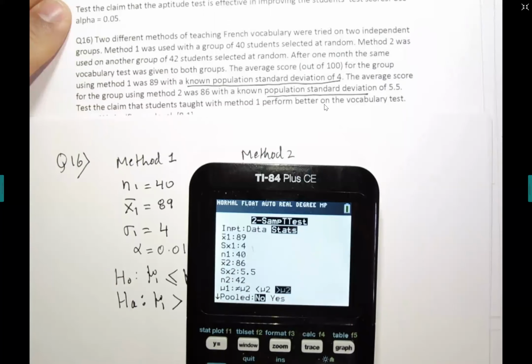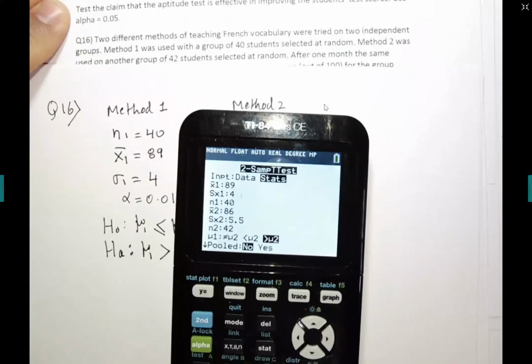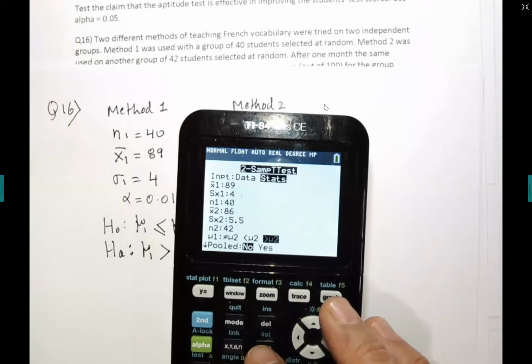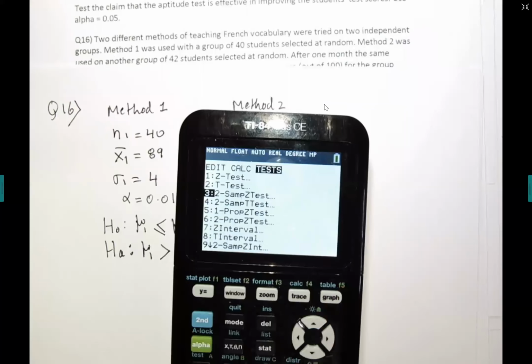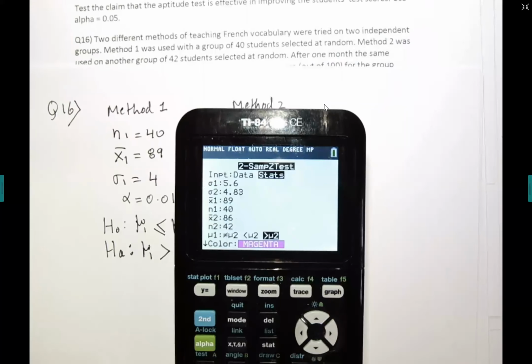But, oh no, I went to the wrong test, guys. You agree with me? I went to the wrong test. Sorry. Two sample Z test. I was wondering about pool. Sorry, it should have been sigma 1, sigma 2. So now we're good. Sigma 1 is 4. Sigma 2 is, what did we have? 5.5.